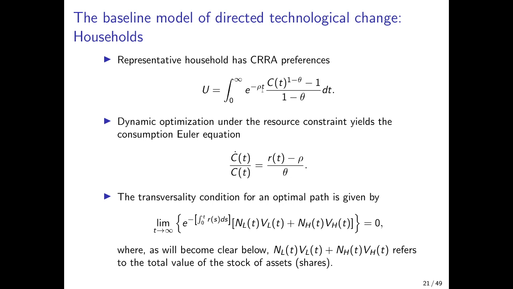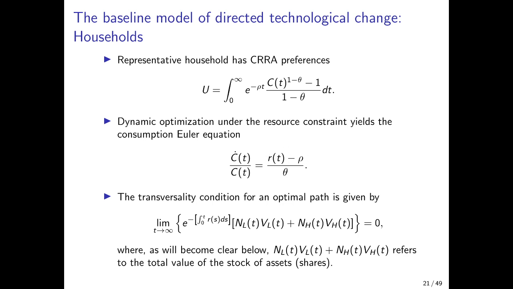Rho is impatience again, so households are more impatient if rho is higher, so that's the time preference rate, and we take the integral from time 0 to infinity because it's assumed that there is a dynastic household in this sense, or an infinitely lived representative household. Now we know already that dynamic optimization would imply that the consumption Euler equation looks as it looks here.